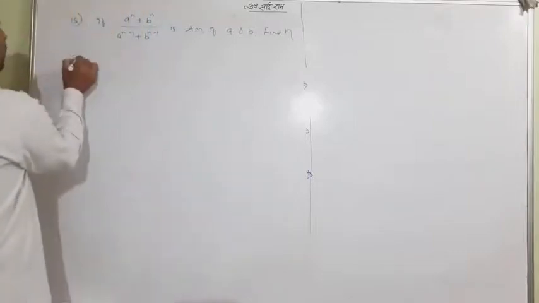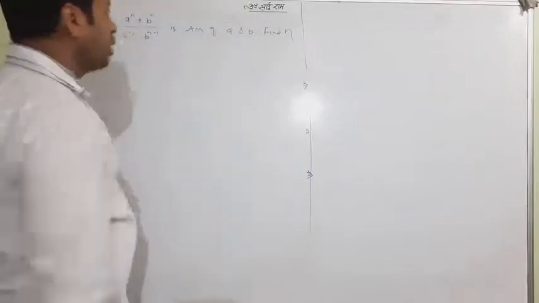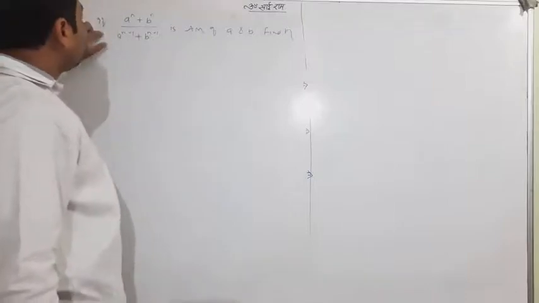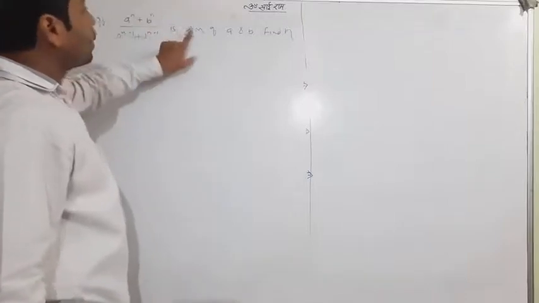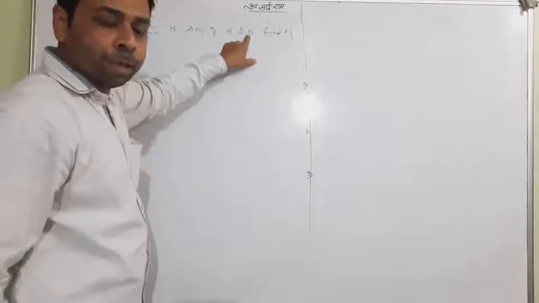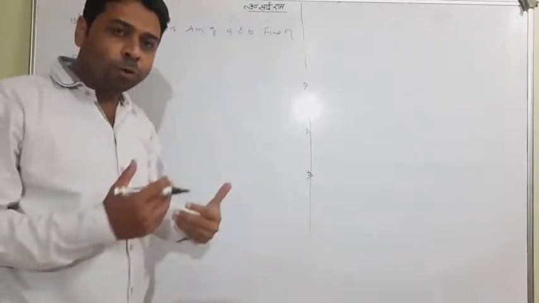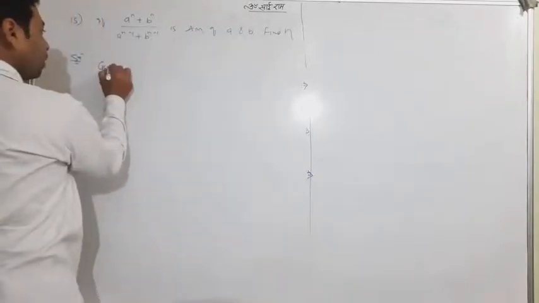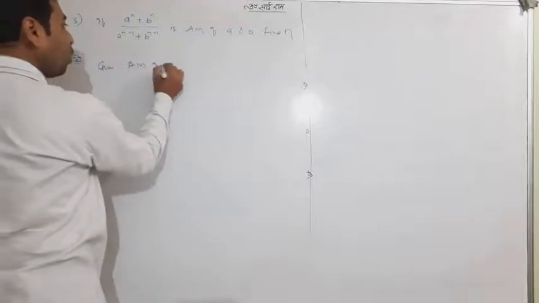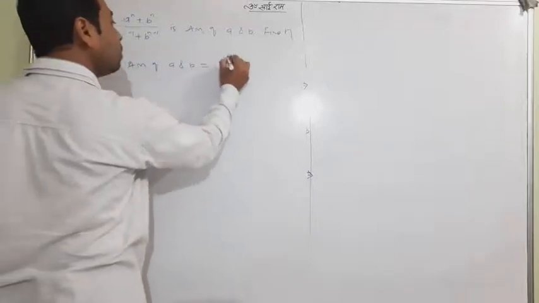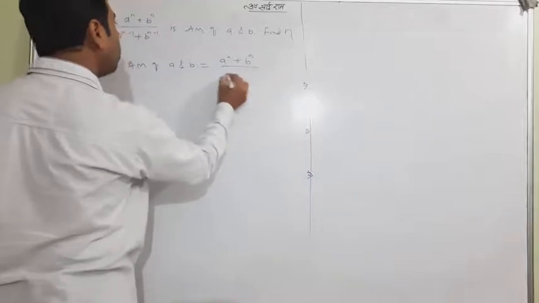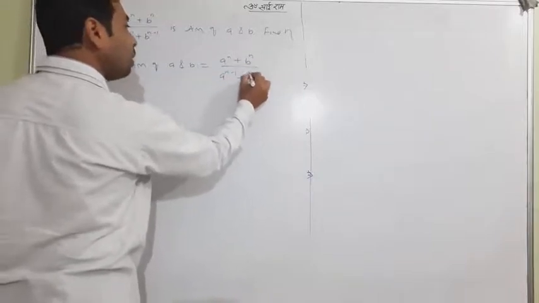I want to tell you something about it. What is given specially? This is the arithmetic mean of a and b. But what we know, given that the arithmetic mean of a and b is a to the power n plus b to the power n upon a to the power n minus 1 plus b to the power n minus 1.